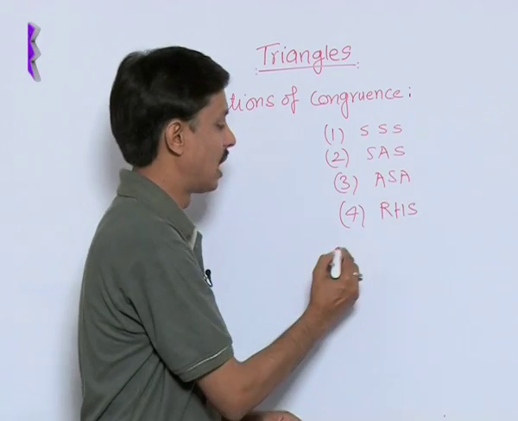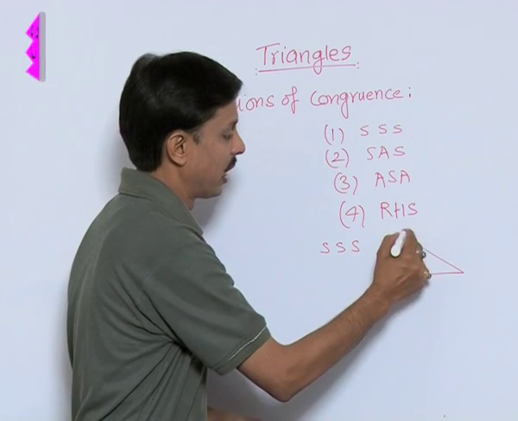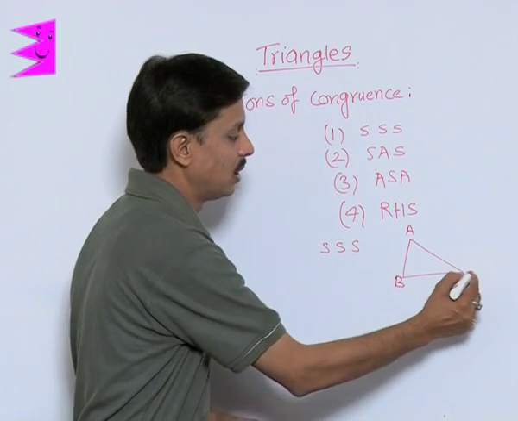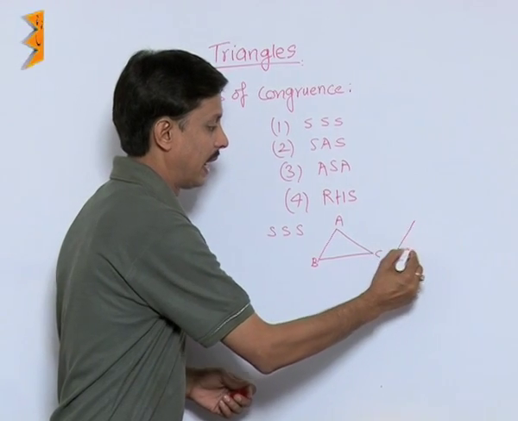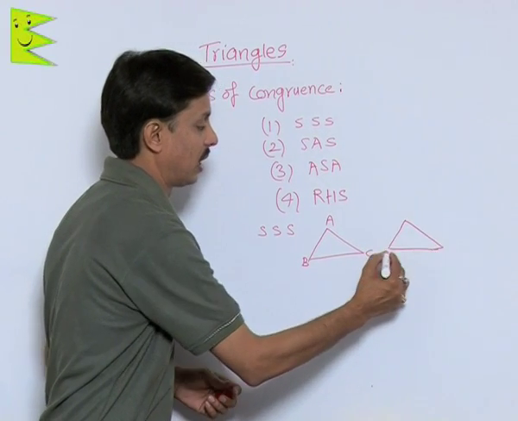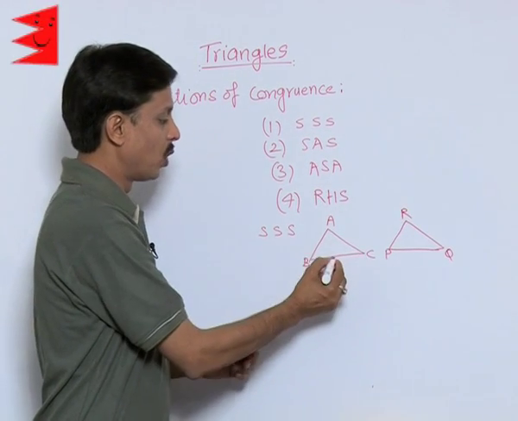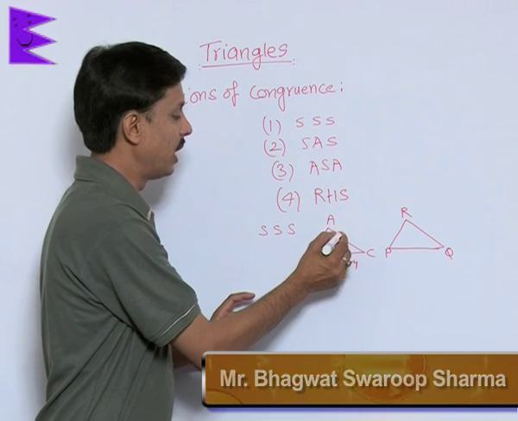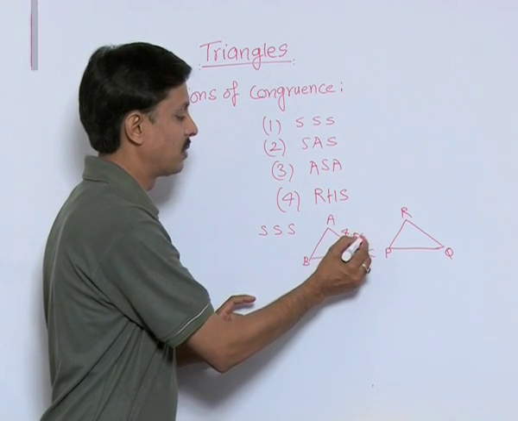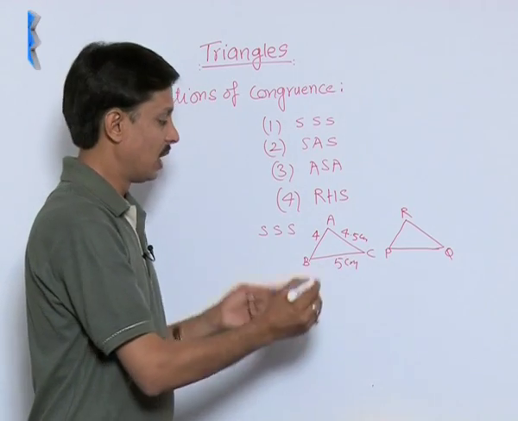Suppose I give you an example of SSS here. This is the triangle ABC. Now if I draw another triangle, I can name that triangle PQR. Suppose the length of BC is 5 centimeter, AC is 4.5 centimeter and AB is 4 centimeter.